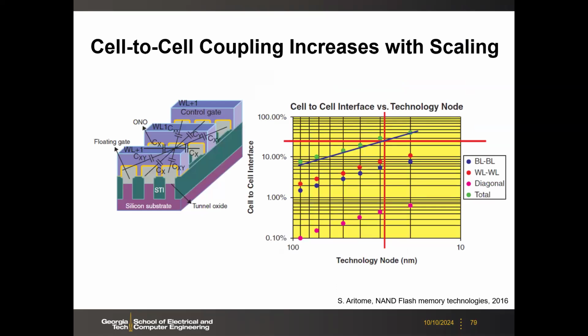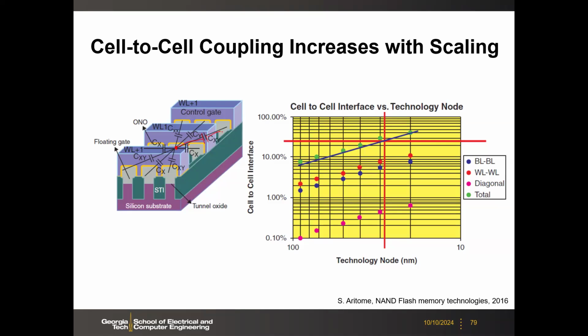So here's a closer look at this cell-to-cell coupling issue. Here we have the cell, and then the neighboring cells, there will be like 8 neighboring cells. Of course, depending on the directions, you may have the bit line to bit line coupling, or word line to word line coupling, and also the diagonal, which is less of a concern.